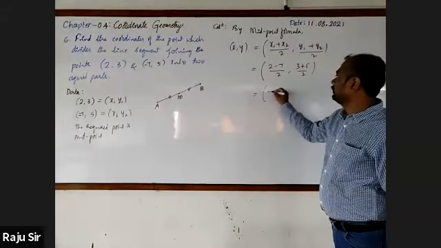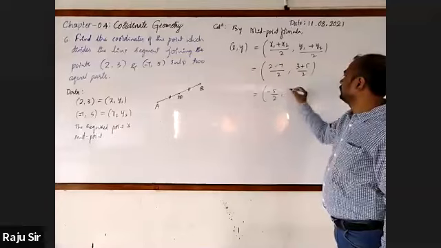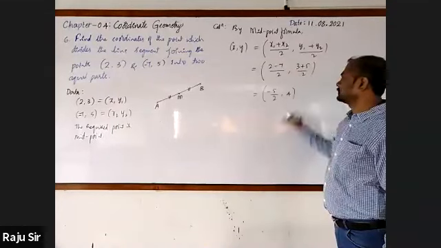It is equal to minus 5 by 2 comma 8 by 2, which is 4.